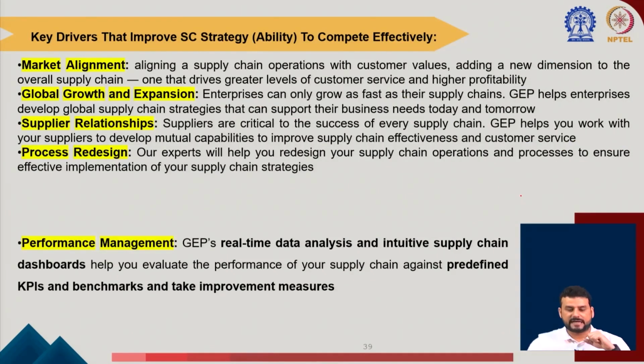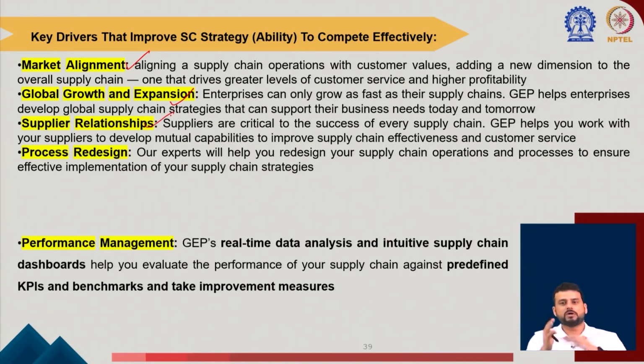So key drivers that improve supply chain strategy, obviously you need to align the markets with you, only then both the strategy will be getting the best fit. Global growth and expansion, competitive strategy is also going for growth, so that way your supply chain needs to support your competitive strategy. You need to set up your distribution fulfillment centers in the global markets as well.